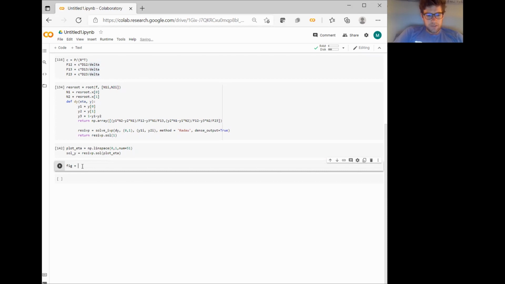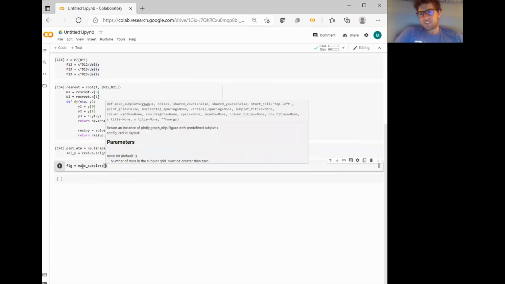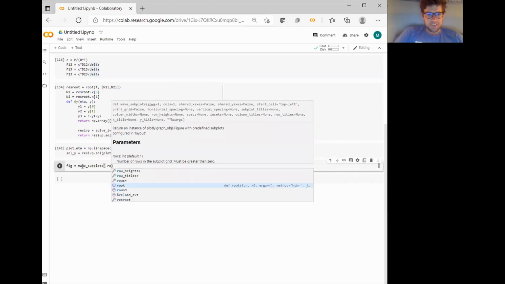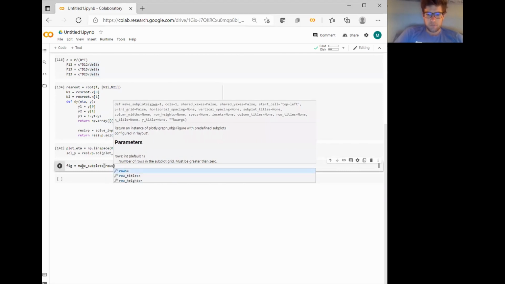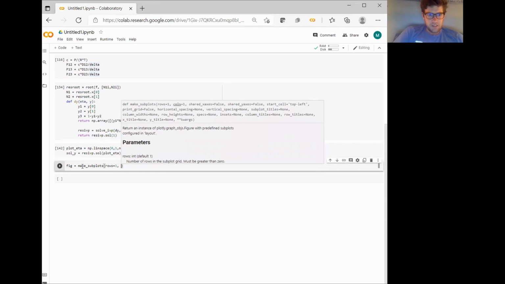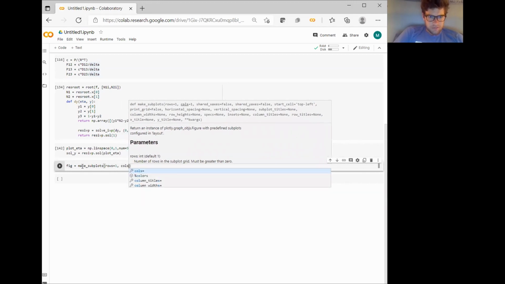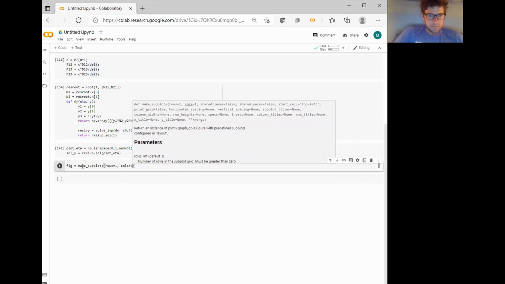And we're going to do subplots. When we make these subplots, the first thing we have to do is decide how many rows, columns, all those things we want. This one's pretty easy. We just need one row, columns equals 1.